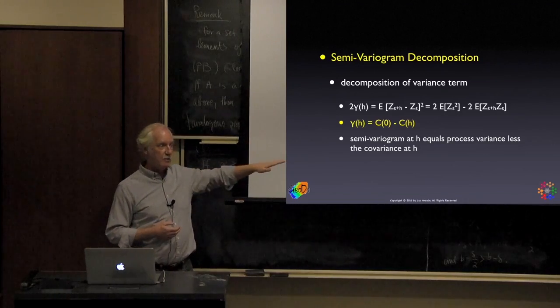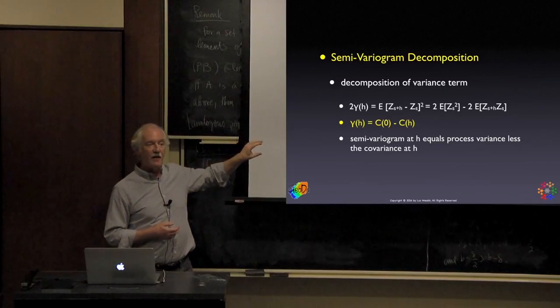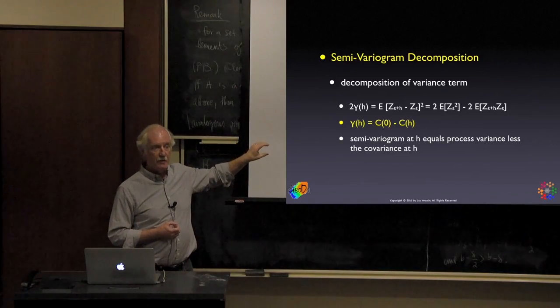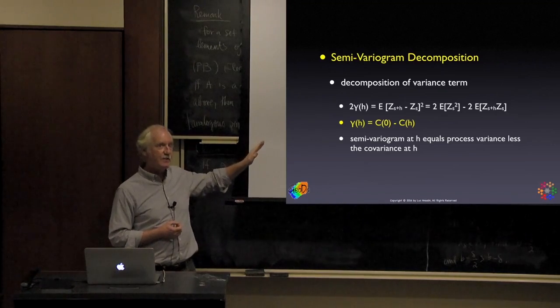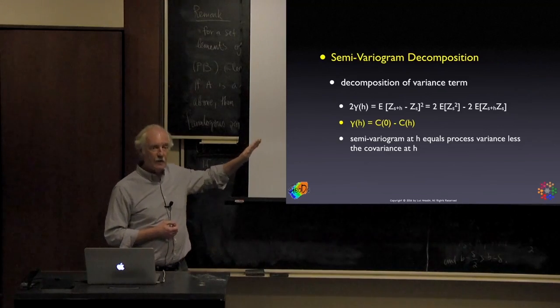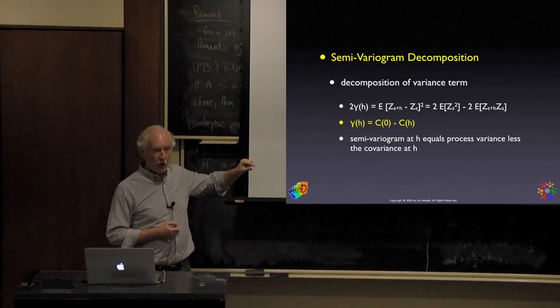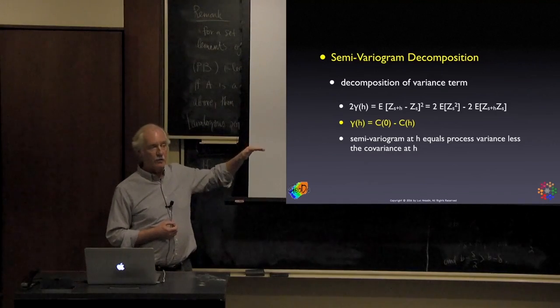That doesn't change. By assumption, it's constant. And you subtract a fairly large number from that. So that gives you a small number. As the distance increases, the covariance that you subtract gets smaller. So the semi-variance gets larger.